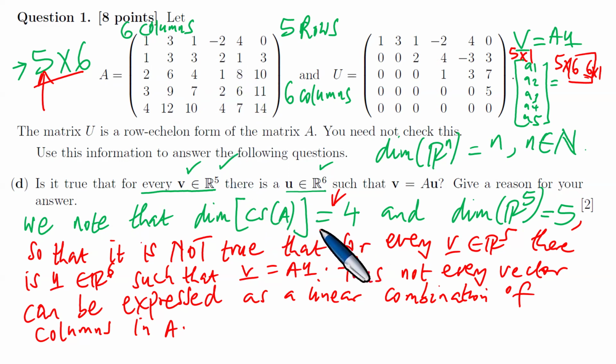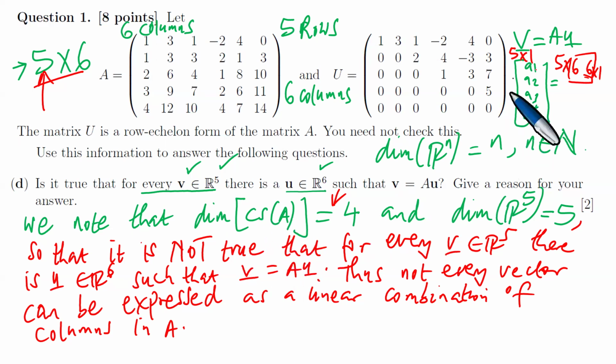If the dimension of the column space is less than 6, it means that it is not true that for every V we can always get a U in R6 such that this equation is possible. Why are we even mentioning the dimension of the column space here?